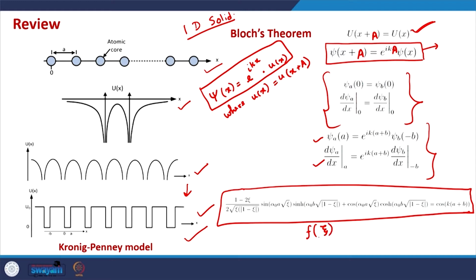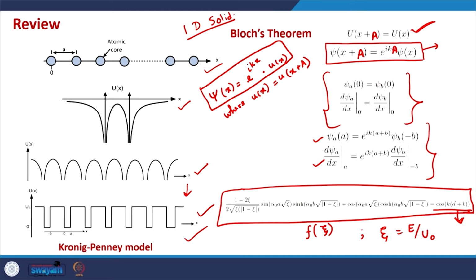xi. So, on the left hand side there is a function of xi where xi is essentially E by U naught, where E is the energy and U naught is the potential from the Kronig-Penney model. On the right hand side we have a cosine function, and the cosine function has k in its parameter, basically cosine of k into a plus b.